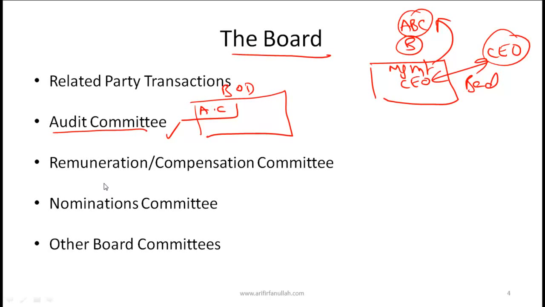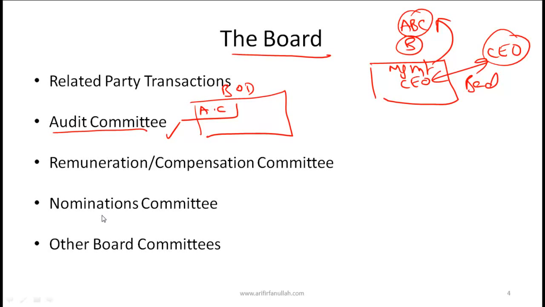Obviously you can see here that if you have a board that is not independent, then there is a high chance that management compensation is not in line with their performance or not in line with industry standards, which would be bad for shareholders.